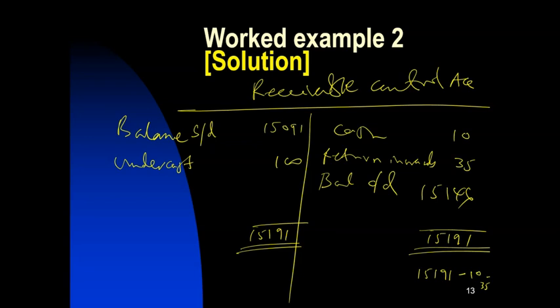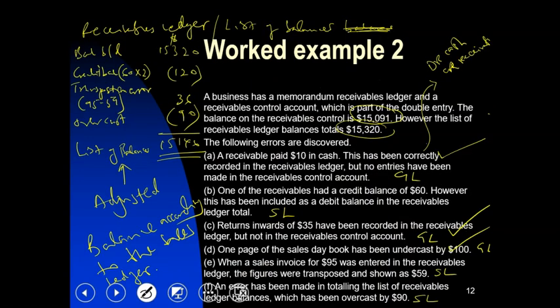So you can see that my balance carried down for the receivable is 15,146, and this balance should tally with the balance I found here, which is this one. Then I can safely say that I've reconciled my control account.